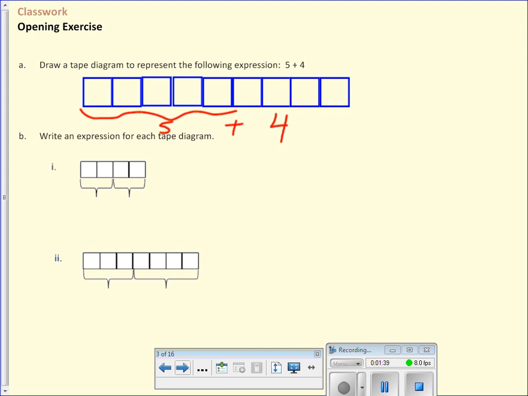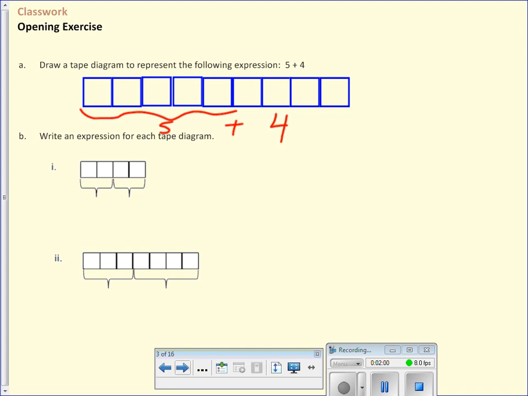Now, let's just talk a minute about tape diagrams. What do we notice about all of the squares on that tape diagram? They're all equal. They're all the same size. That's because they all have the same value.